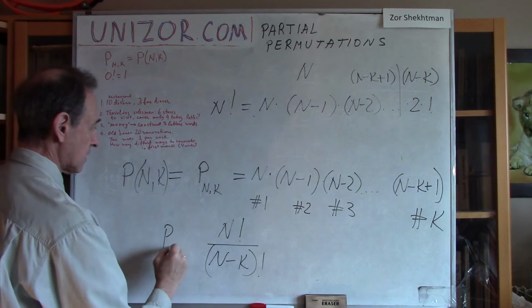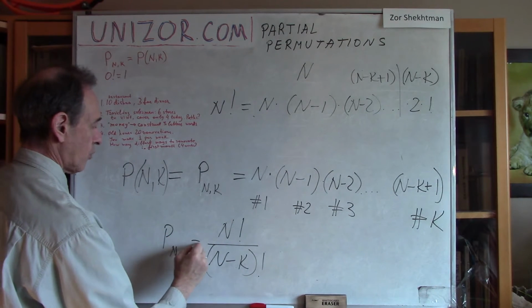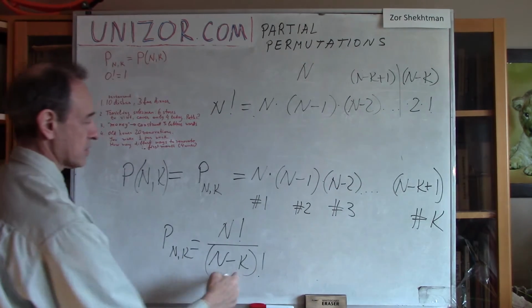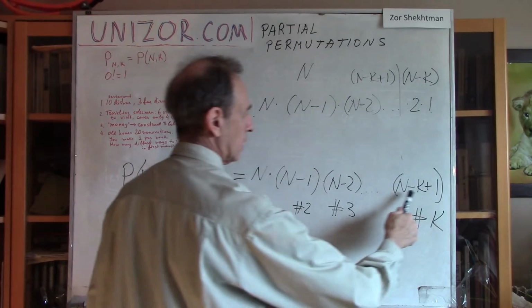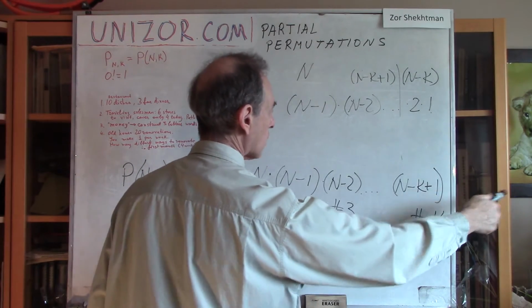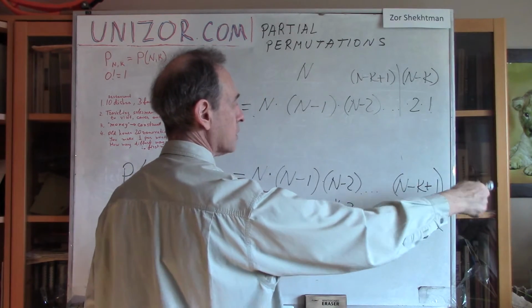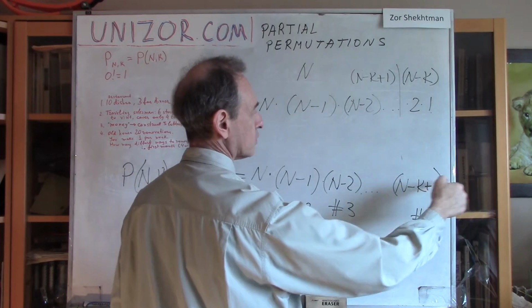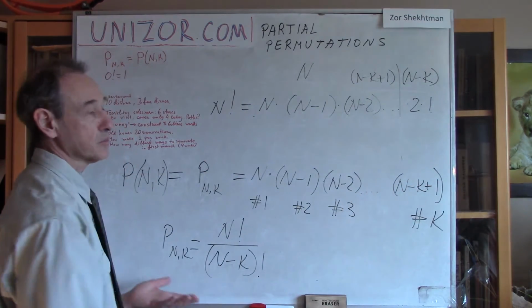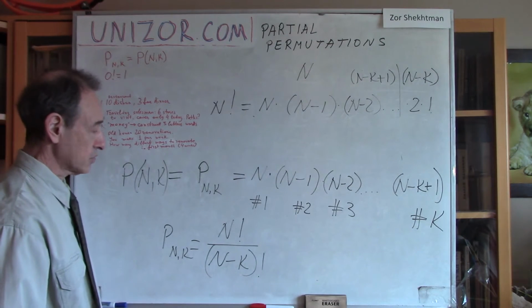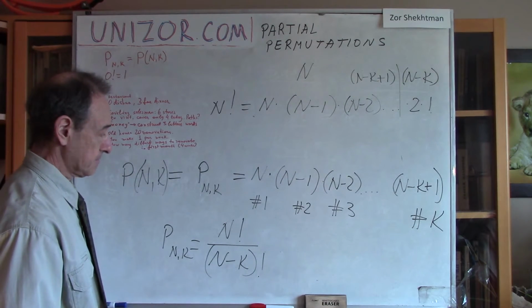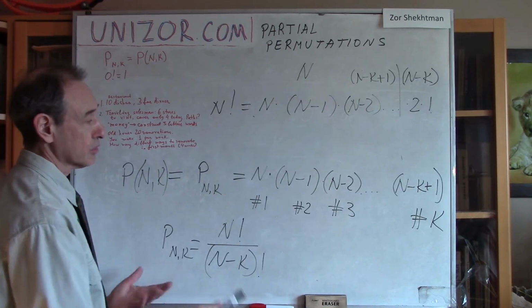So this is exactly the same formula. I'm just making this product longer by all the numbers from 1 to n minus k, and then I divide by the same product from 1 to n minus k, right? So this is a little shorter formula.